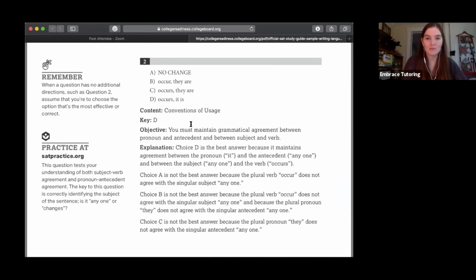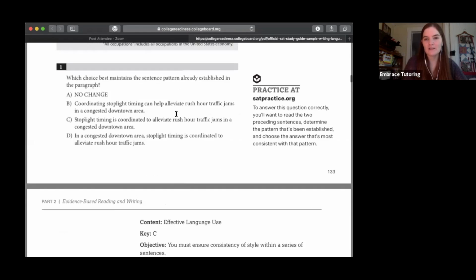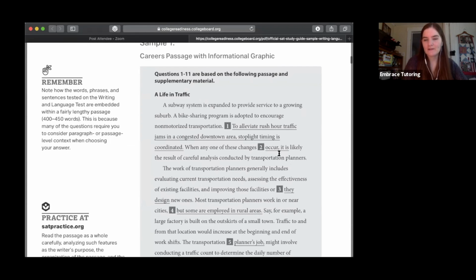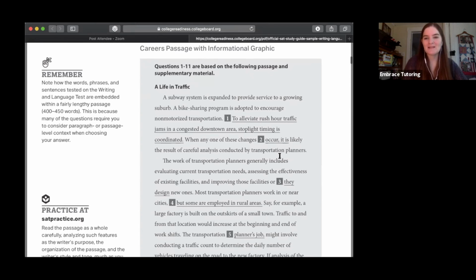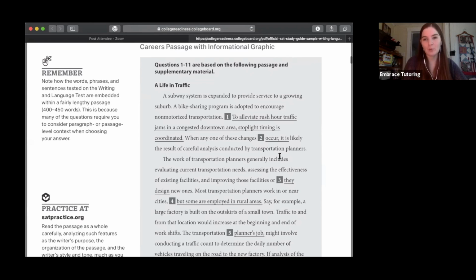Are we dealing with just a punctuation issue? If we notice, it can't be punctuation, because every single possible answer choice includes a comma. It has the same exact punctuation. So it is not a comma issue that we're addressing, even if it is a mechanics and conventions type question.